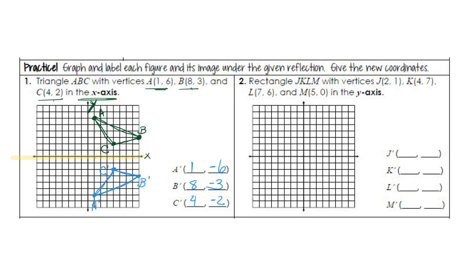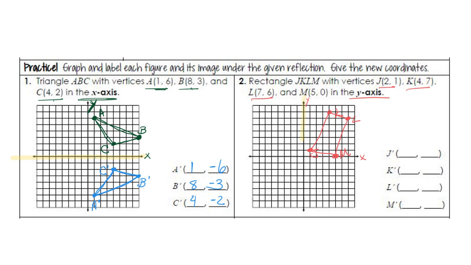The first step is I have to plot these points. Okay, so I just plotted those points. We'll draw a line connecting them together to give ourselves the rectangle. And now again, this is the x-axis, this is the y-axis. We are going to reflect over the y-axis.